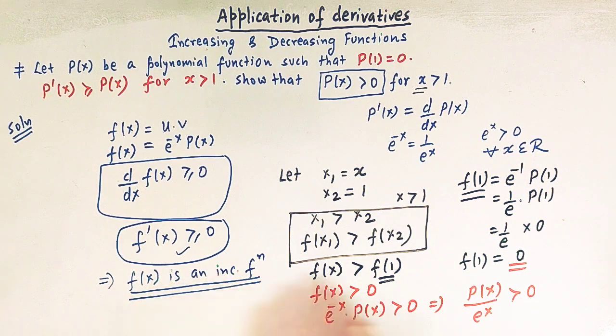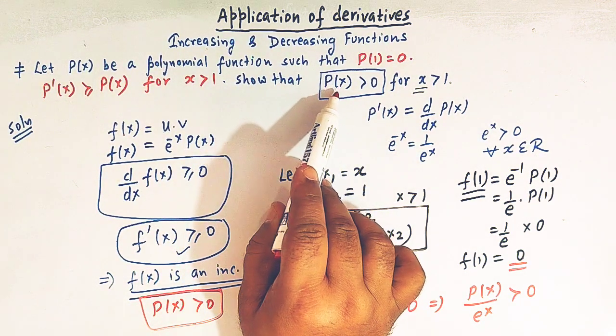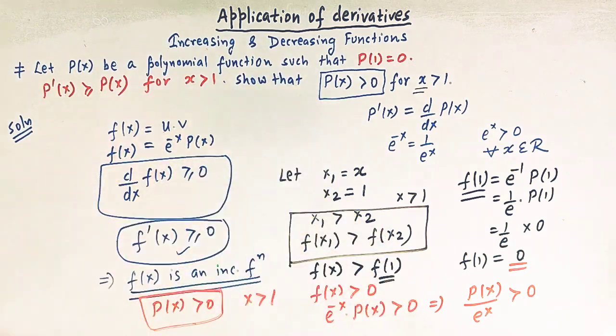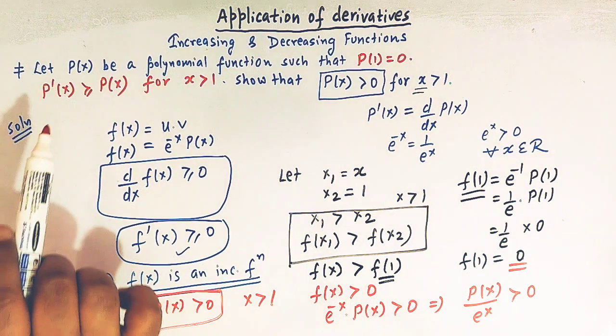So simply here we have p of x greater than 0 for x greater than 1, which is the desired result. So viewers, this is how we can solve this problem.